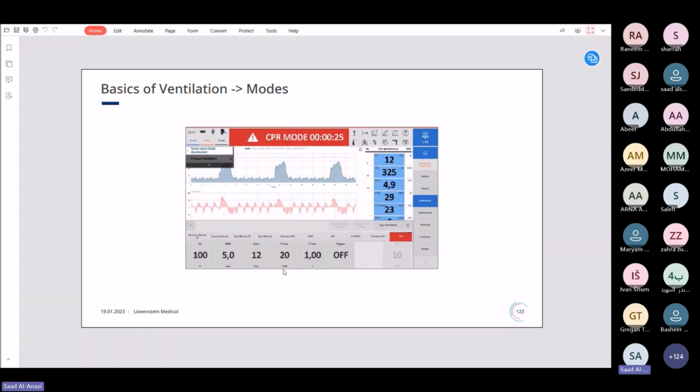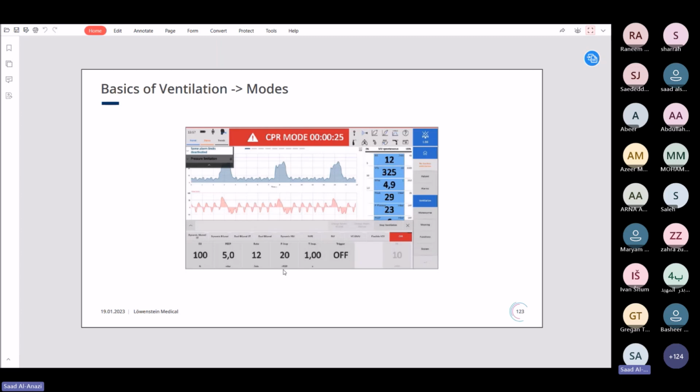Also, in the mode options, we have a unique feature called CPR mode. This CPR mode has two levels of pressure. As you know, during a code or CPR, the RT's role is continuous bagging of the patient. So there is no requirement for bagging all the time.